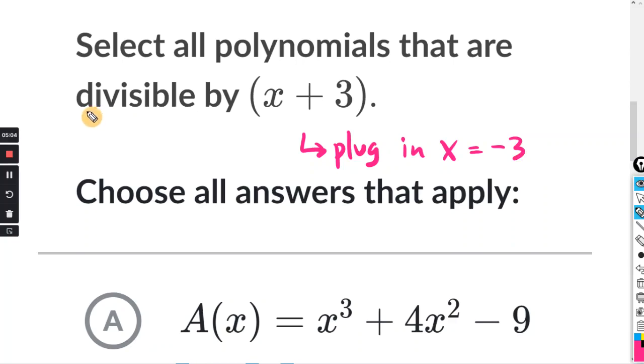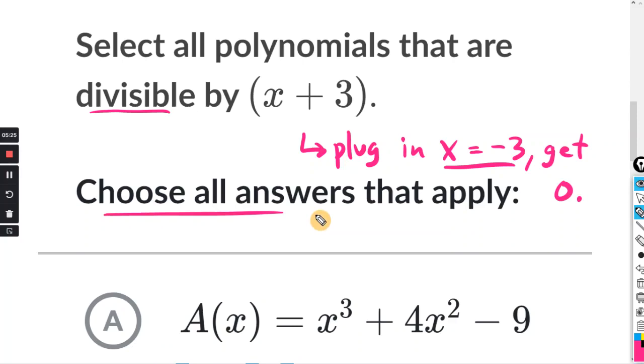And if something is divisible by something, that means it divides evenly with a remainder of 0. So when you plug in -3, you should get 0. That's all we have to do on each of these choices. Plug in x equals -3, and whenever you get 0, you will choose that answer. So let's do that. You might need a calculator.